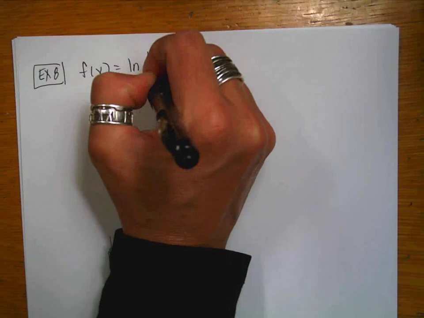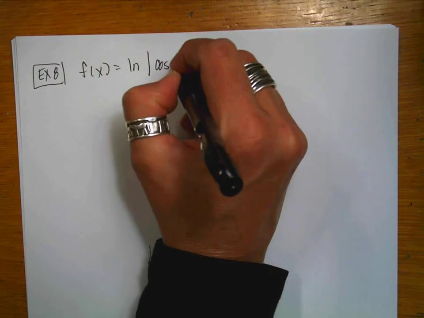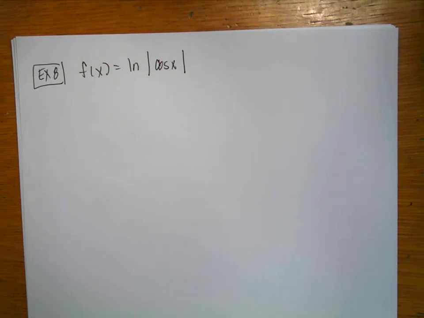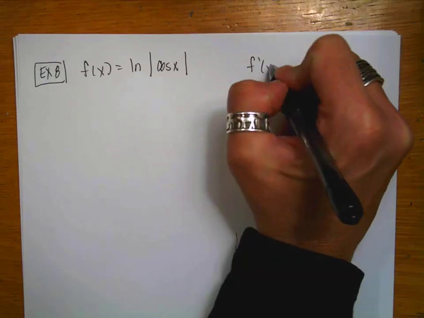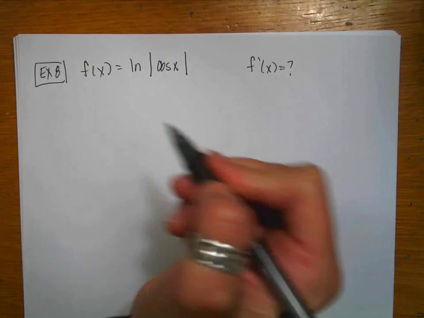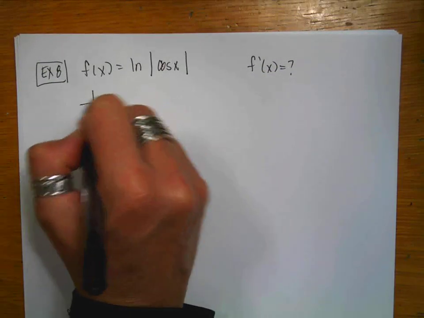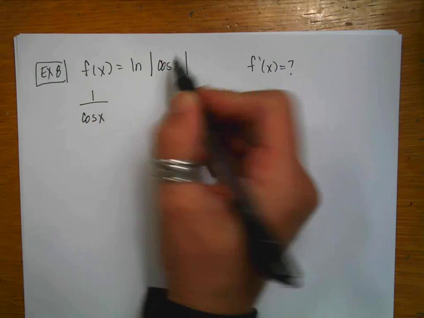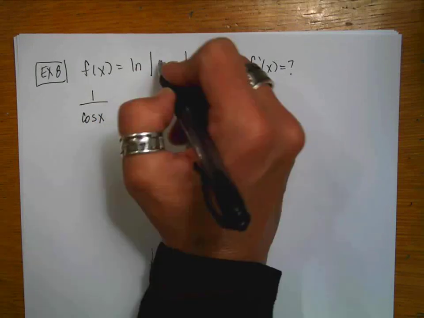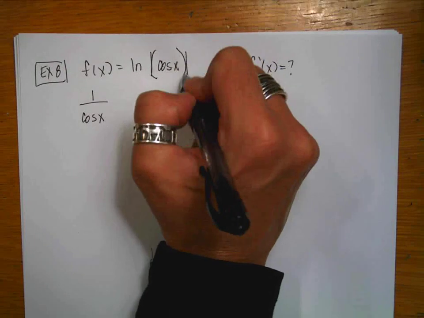says f of x is equal to the natural log absolute value cosine of x. Okay? So when I do this, this gets to be a little bit entertaining, and I want to find the derivative. So the derivative is going to be 1 over the cosine of x times the derivative of the inside.